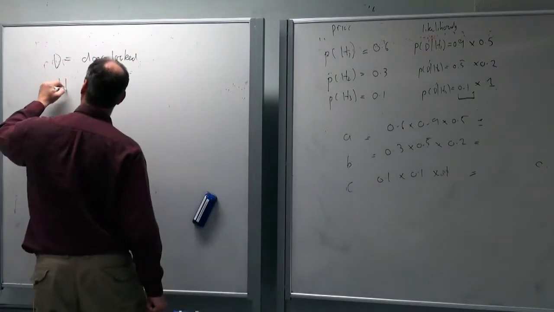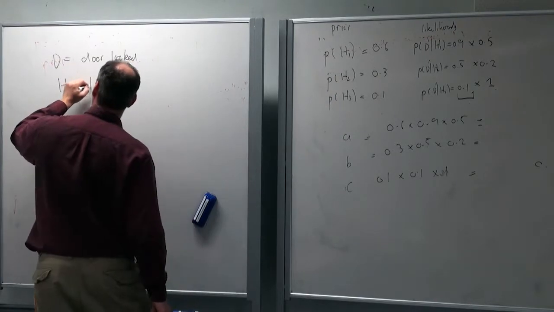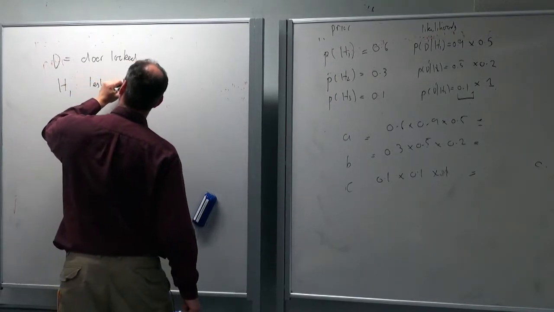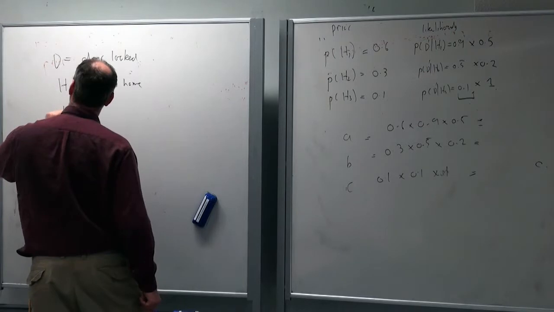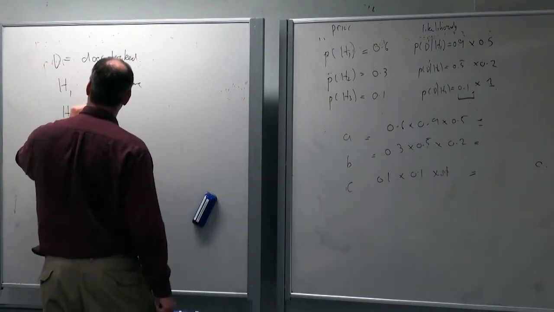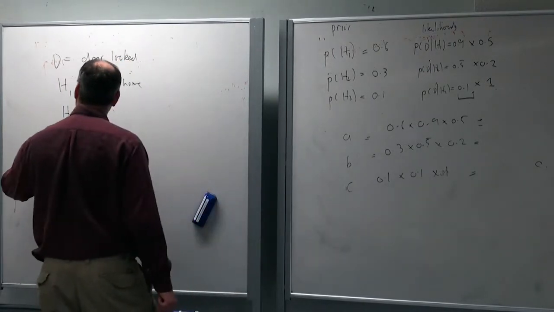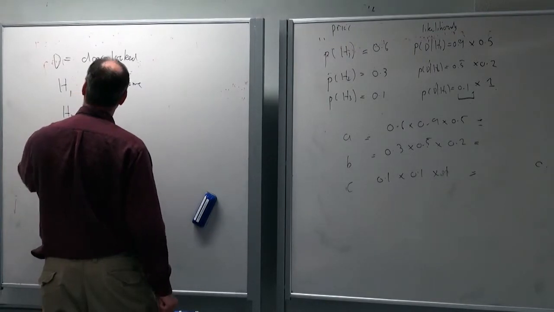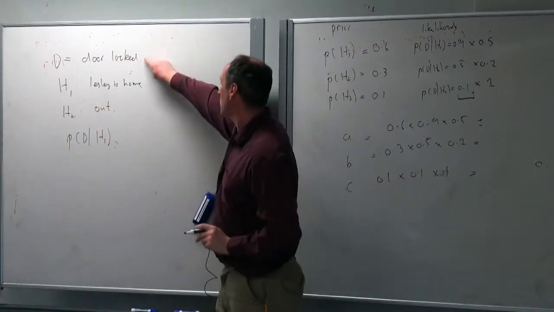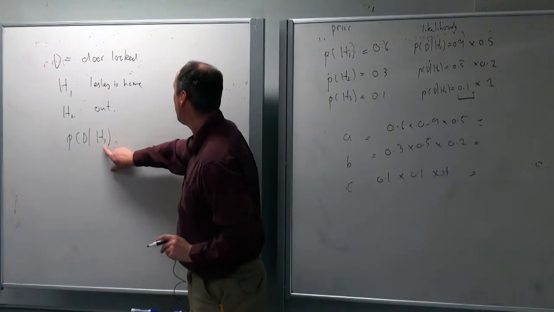My hypothesis, H1, is that Leslie's home, and H2 is that she's out. So what are my likelihoods? P of D given H1. There's my data, the door's locked. What's the probability that it's locked if she's home?